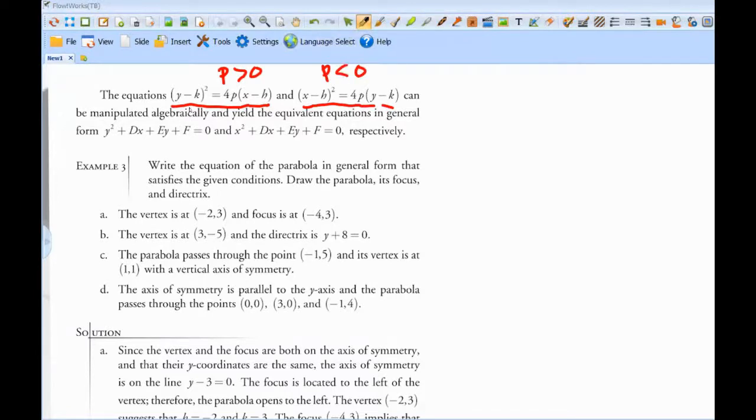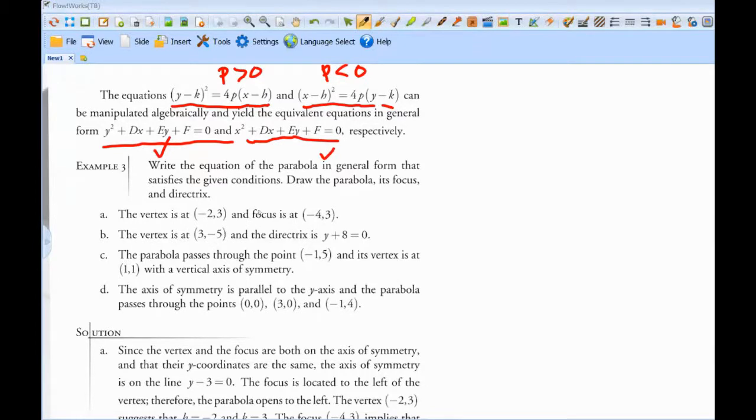Okay, y minus k squared equals 4p times x minus h, and x minus h squared equals 4p times y minus k. That's for right or left, and upward or downward. And the general form is y squared plus dx plus ey plus f equals 0, and x squared plus dx plus ey plus f equals 0 respectively.